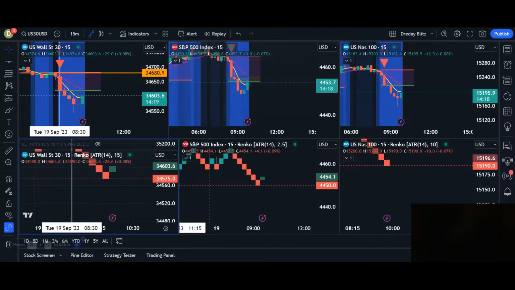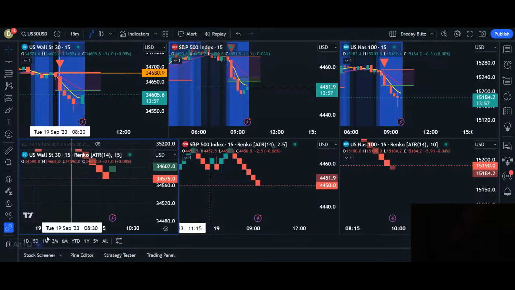All right, perfect. So next candle. It's starting to push up on US 30 and S&P 500.